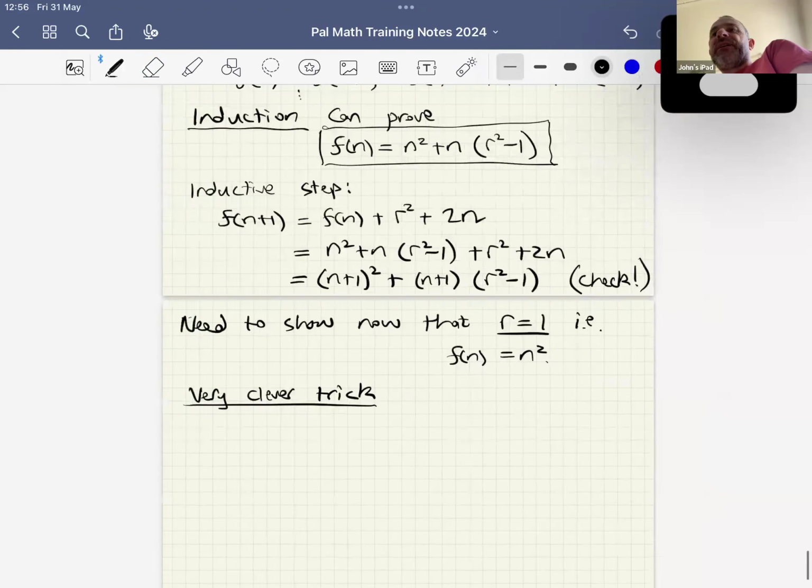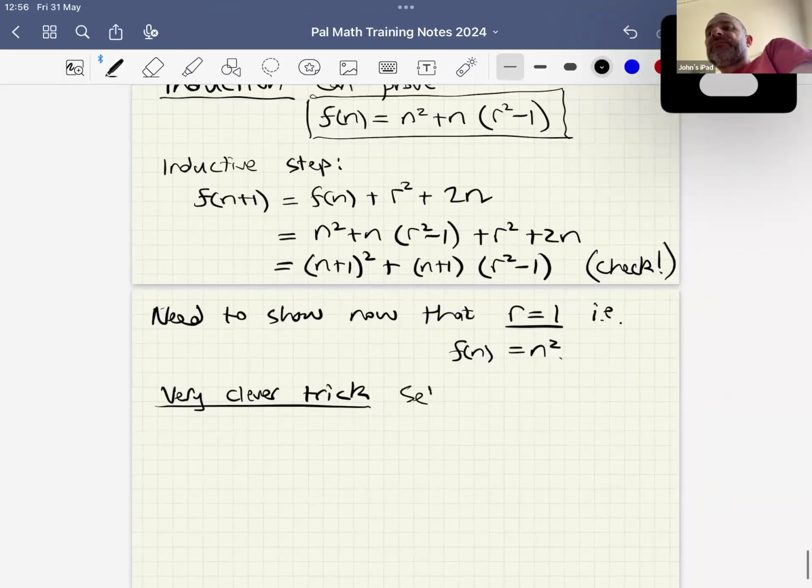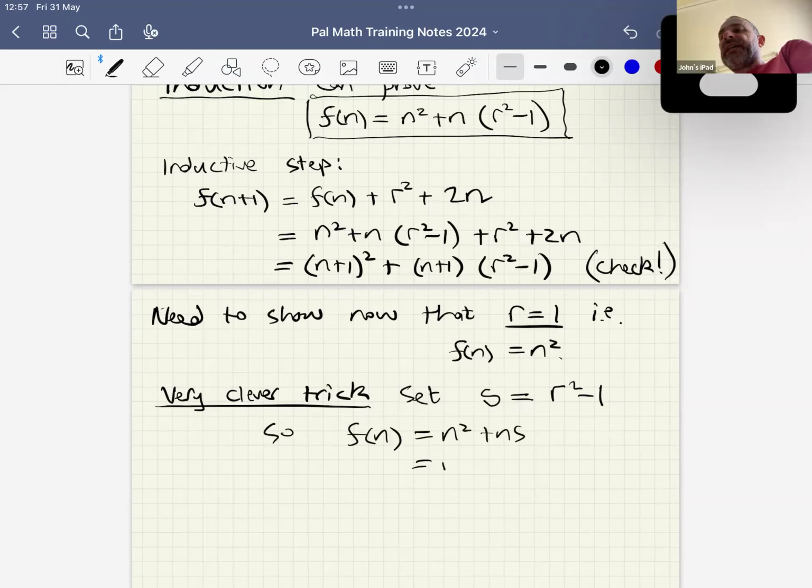So here's what I do. I set s equal to r squared minus 1. So f of n is n squared plus ns, which I rewrite as n into n plus s.